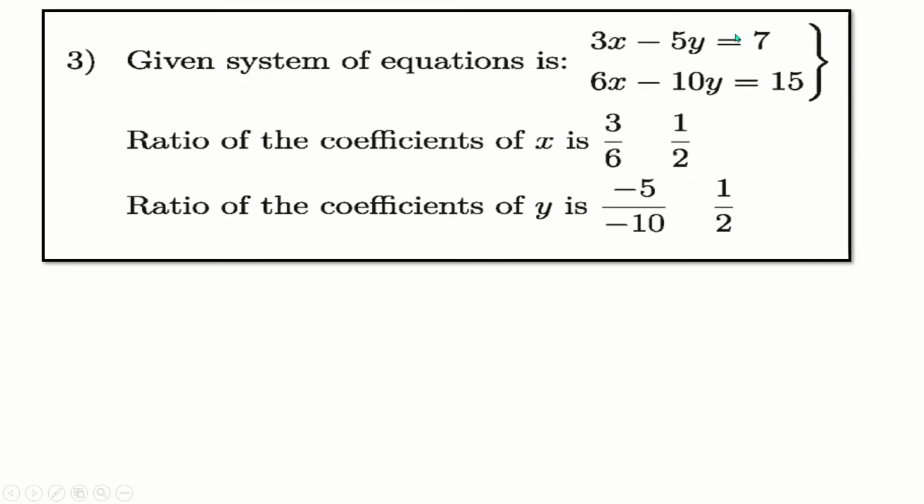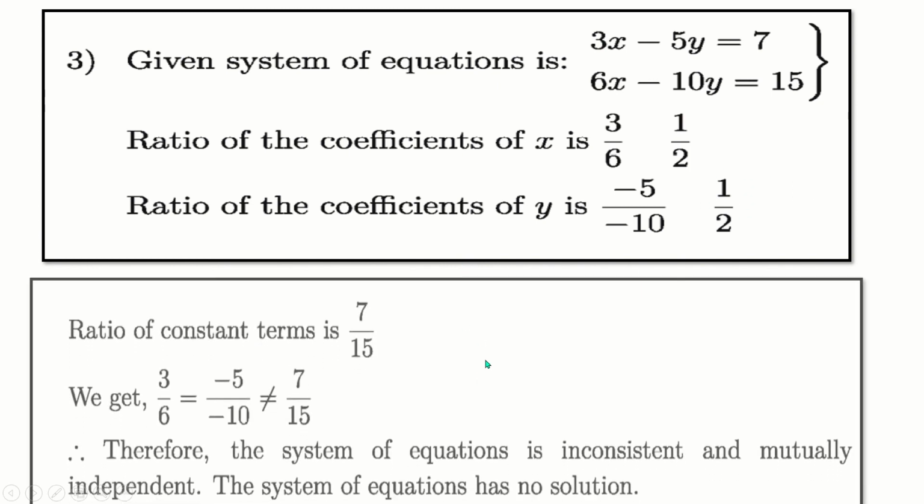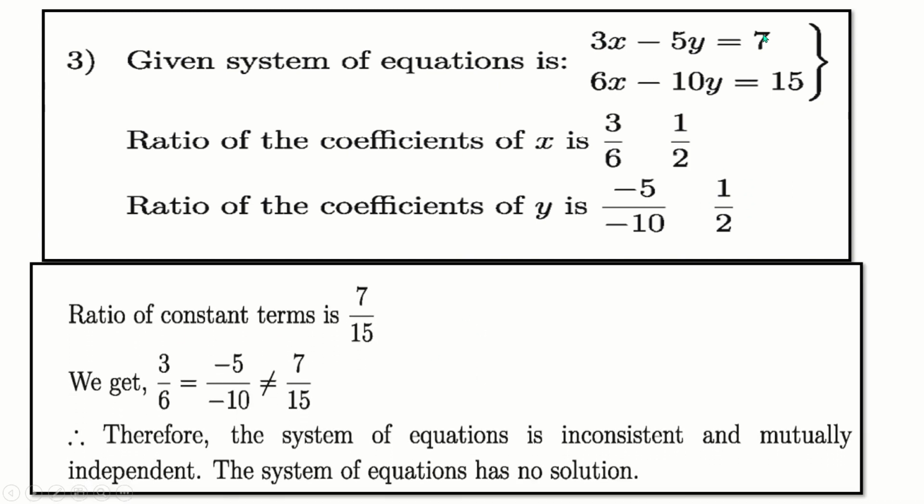Number three, two equations are given here. The ratio of the coefficient of x is 3 by 6 or 1 by 2, and the ratio of the coefficient of y is minus 5 by minus 10, which is equal to half, but the ratio of the constant term is 7 divided by 15. That means the first two are the same. The ratios of the coefficients of x and y are the same, that means equal, but not equal to the ratio of the constant term. So we can say what?